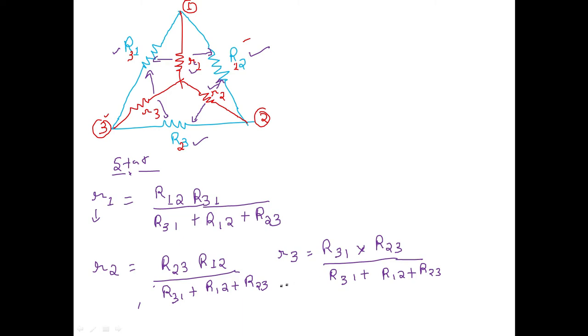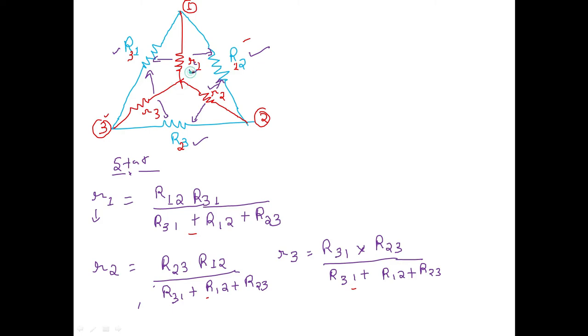As you already see in these equations, what will you observe? You will observe that the denominator remains the same, that is the summation of all the outer network. What changes is the numerator, with respect to the resistance we are taking.